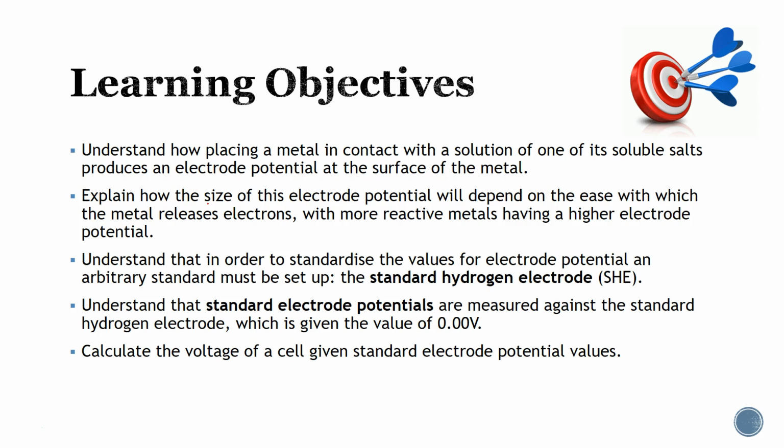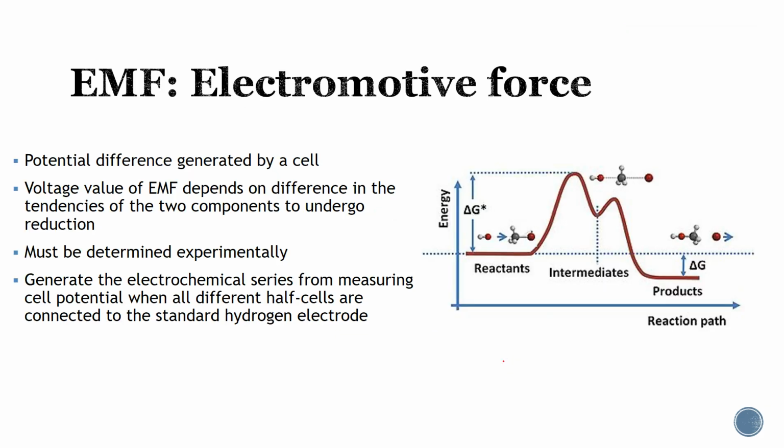We also need to understand that standard electrode potentials are measured against this standard hydrogen electrode, which has been given a value of 0.00 volts. And then, because we're putting the maths into it, we have to be able to actually complete those calculations to tell what the electrode potential or the voltage of a cell will be.